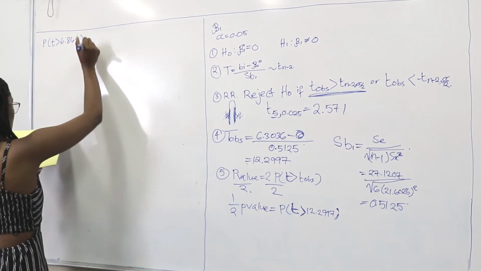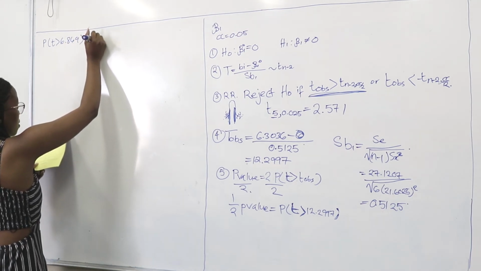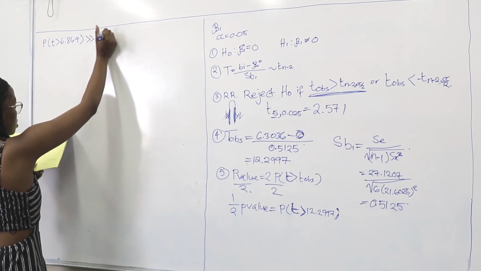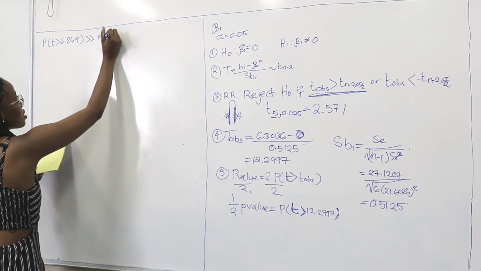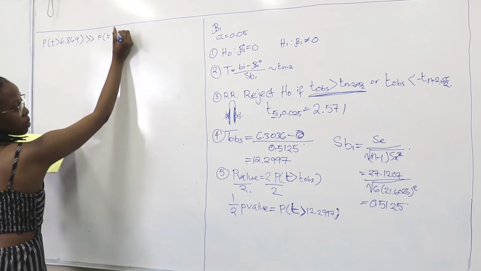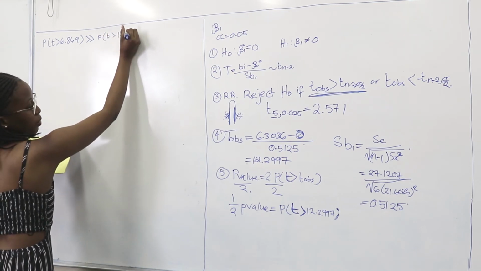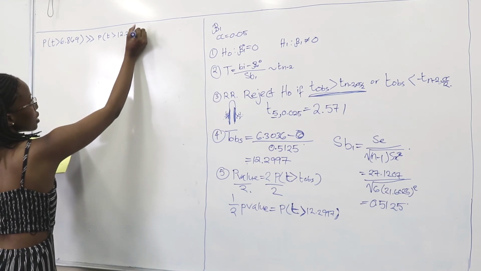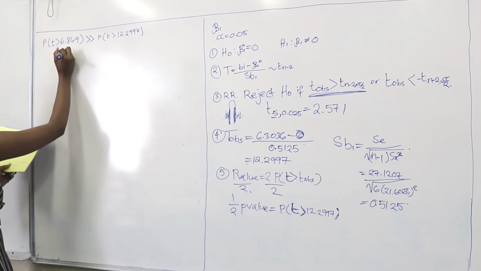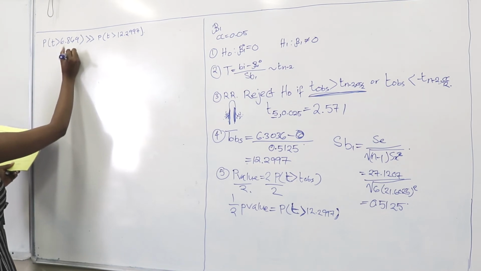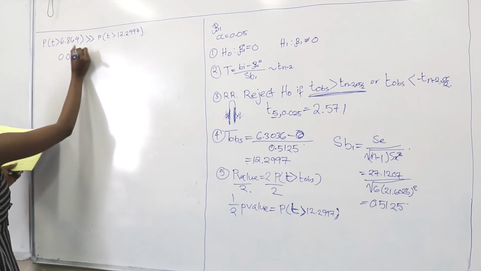Okay. And that is much greater than T, which is greater than what we have there, which is 12.2997. And the probability of that is 0.0005.